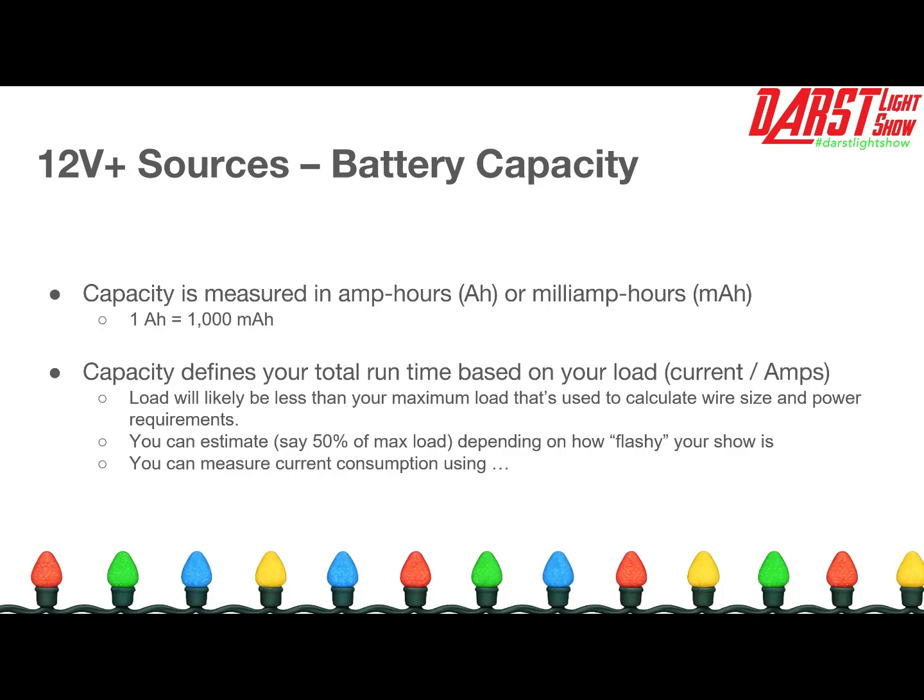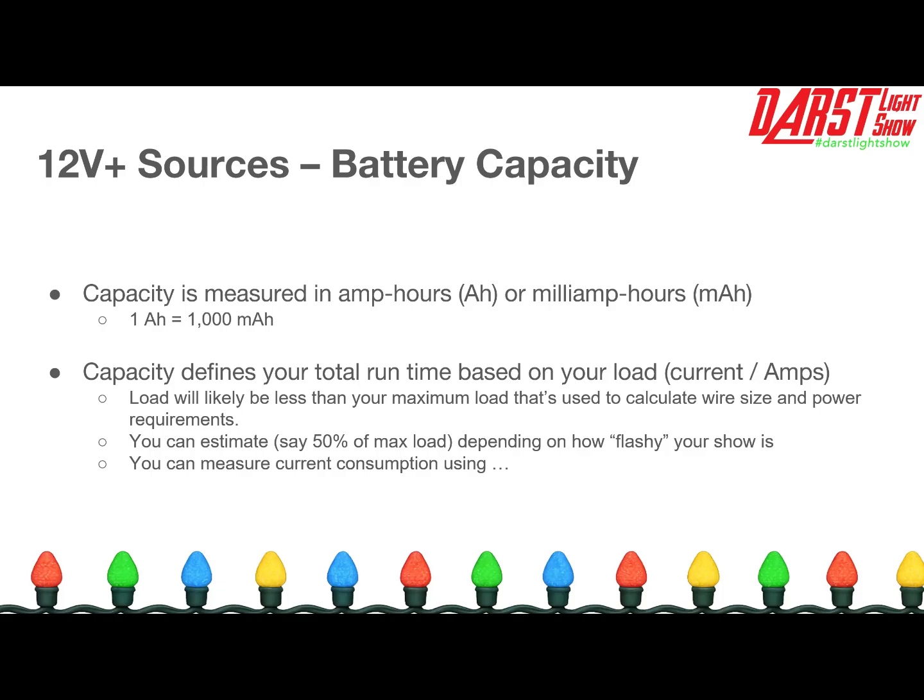So if you use that methodology to calculate and say, hey, I've got 300 watts, or I'm running at 50 amps, and you go out and you buy a 25 amp hour battery, that doesn't mean you're only going to get a half hour runtime, because there's other things to consider, like how flashy your show is, how consistently you're running at full white.